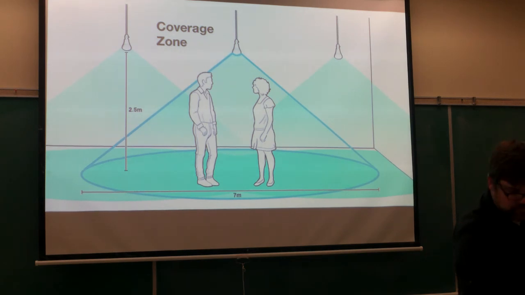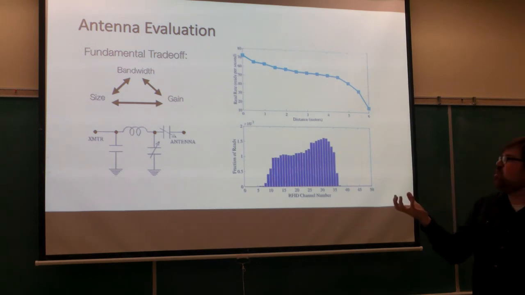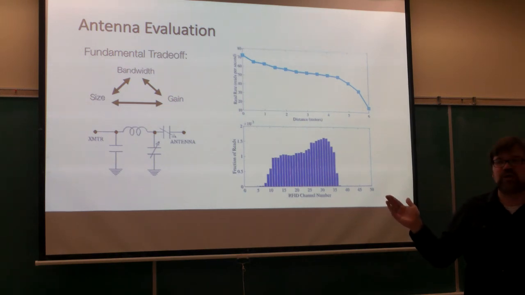And then in order to achieve the performance that I mentioned earlier, one of the things I mentioned is that in order to read one of these tags, you usually need to have a really large antenna. So we get line of sight for free, because we're hanging it from a lighting socket. Obviously, you want line of sight from a lighting unit to a room. You also get this for an antenna. Because the light is small, we actually can't increase the bandwidth that way.